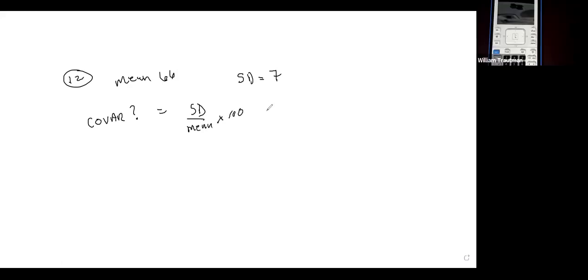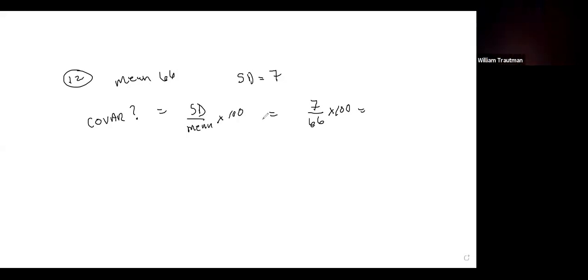So that's the Covar. Standard deviation is 7, my mean is 66. And don't forget about that times 100, because in the test, it actually tries to trick you. I'm going to show you what I mean.